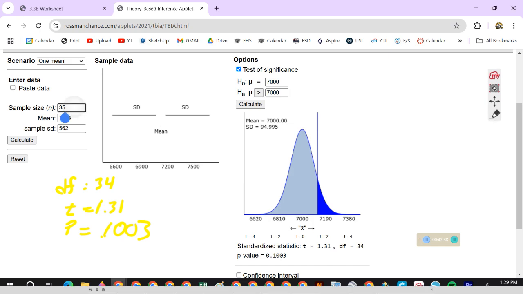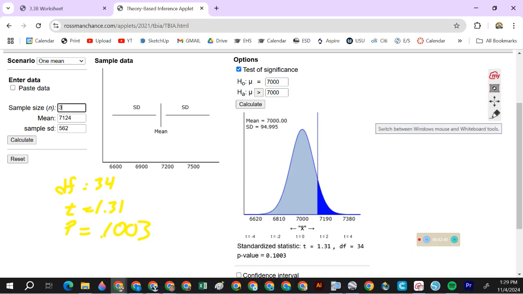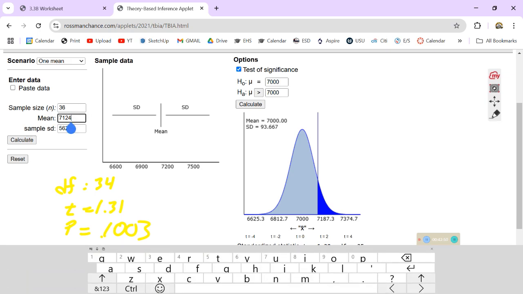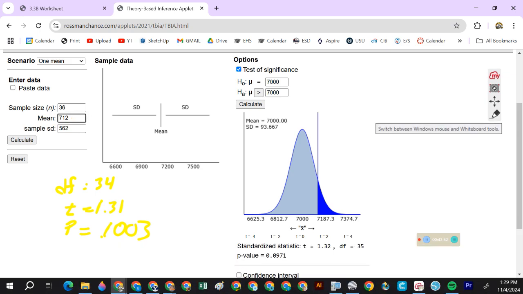I'm going to change this to 36. Okay, so now my degrees of freedom says 35. My t actually went up a little bit, so I need to bring this down just a hair.